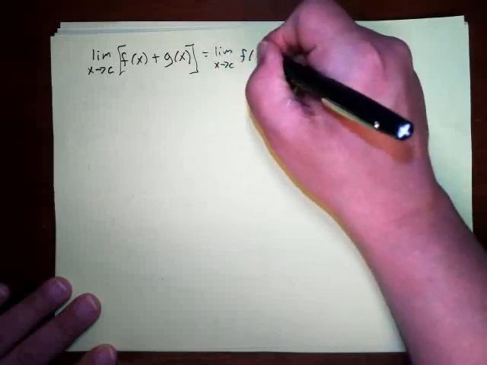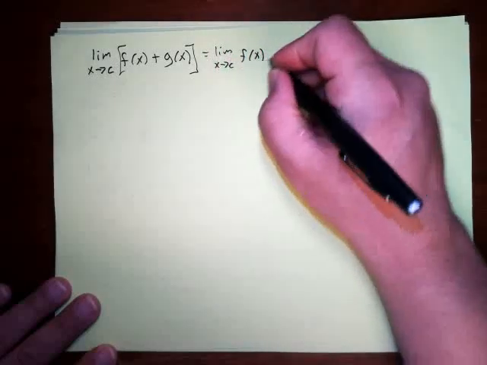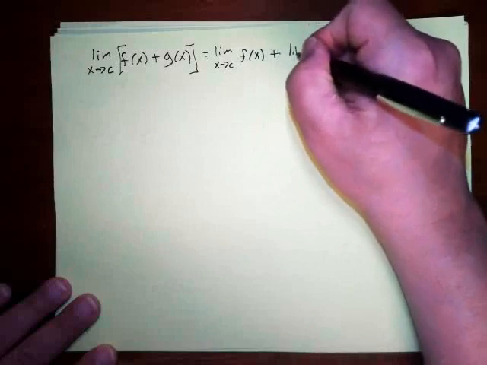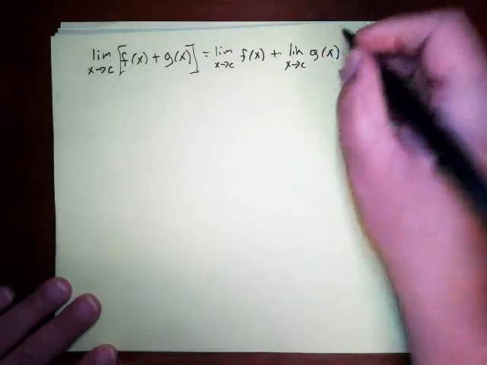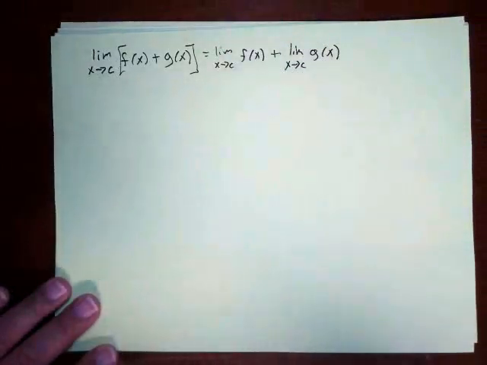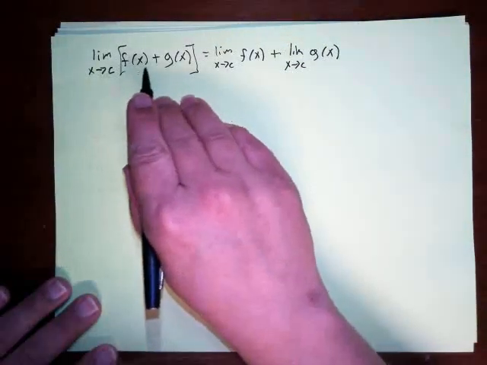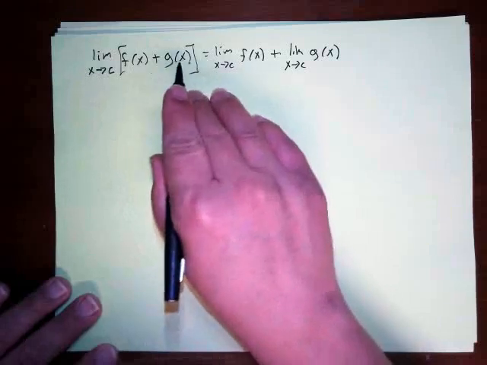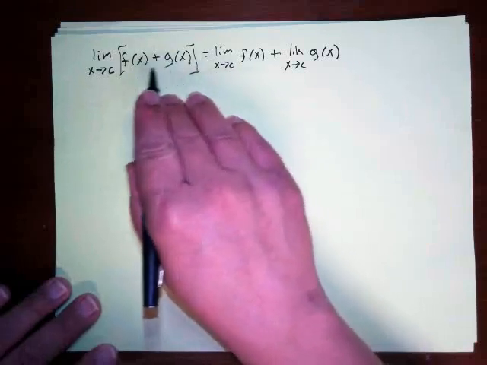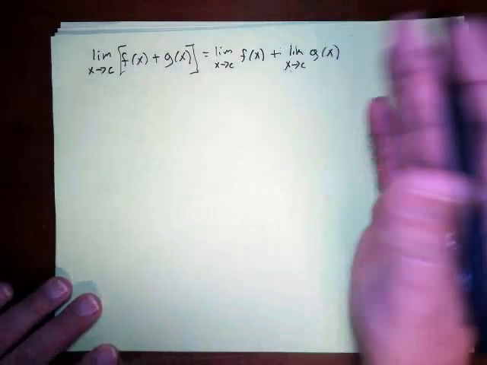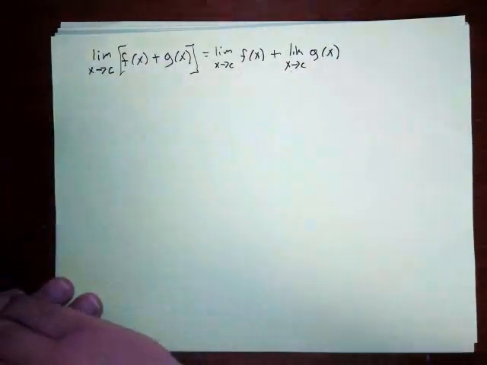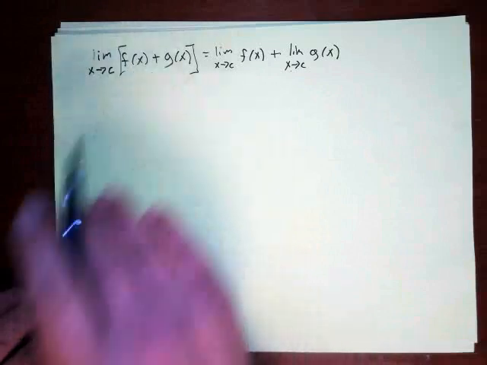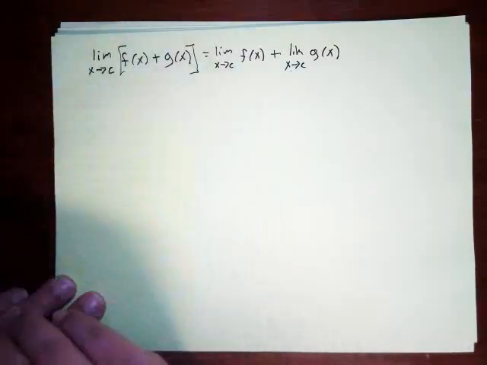So it's the limit as x approaches c of f of x plus the limit as x approaches c of g of x. And that's believable. This is approaching its value, this is approaching its value, and if you add the two values that the two are approaching, you should get the limit of the sum of the two functions.